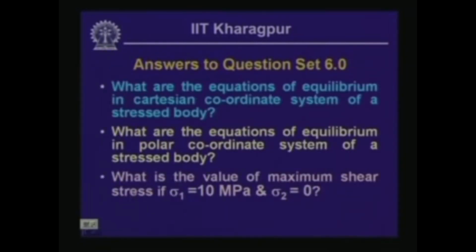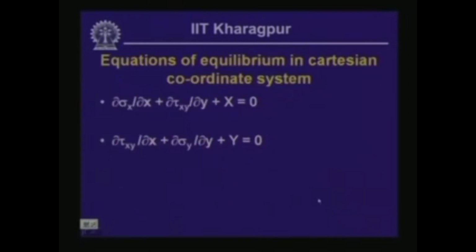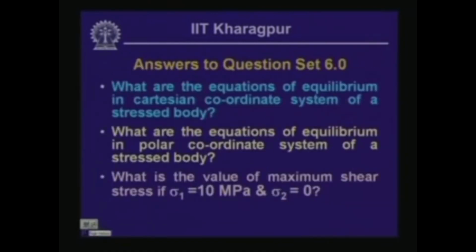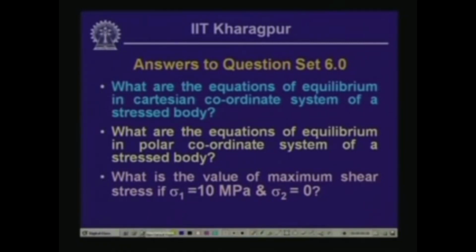The third question which was given was, what is the value of maximum shear stress if sigma 1 is equal to 10 MPa and sigma 2 is equal to 0? If you remember the Mohr circle of stress, we had the sigma axis and the tau axis.